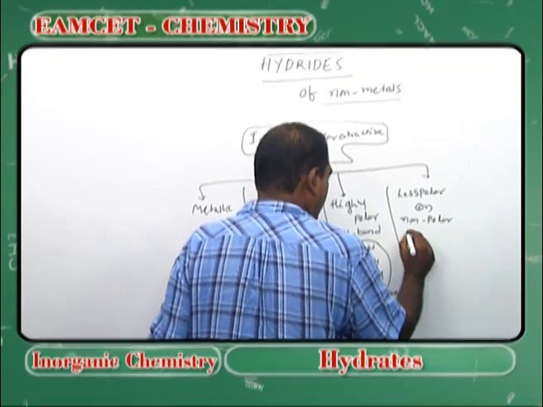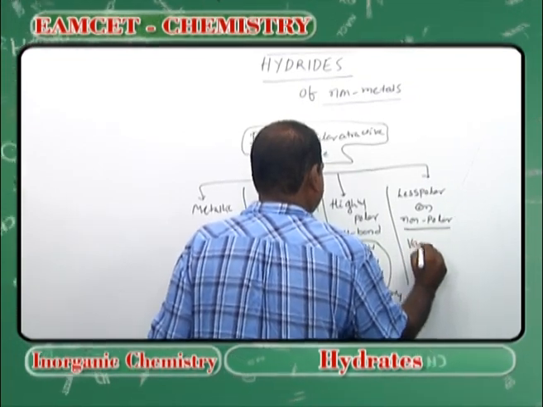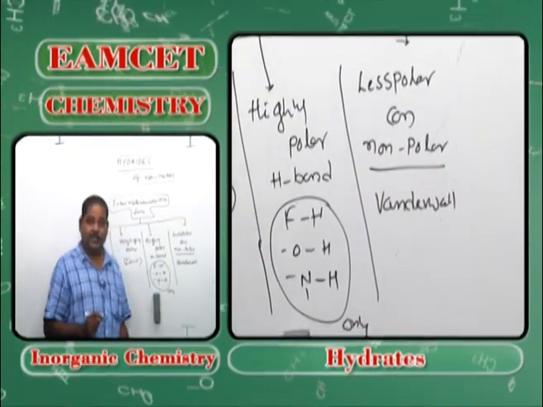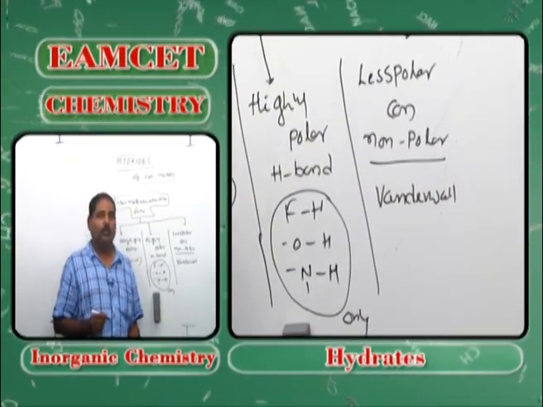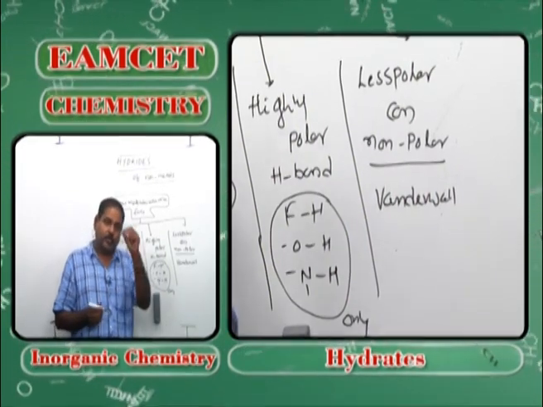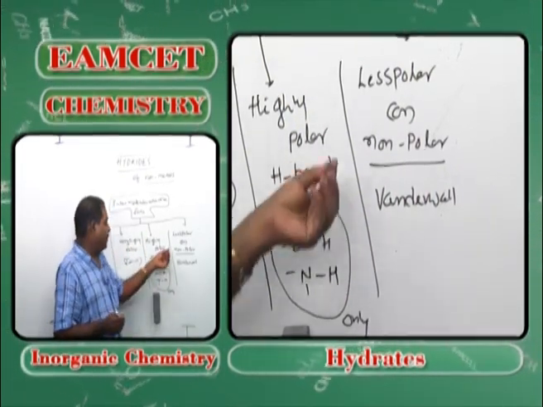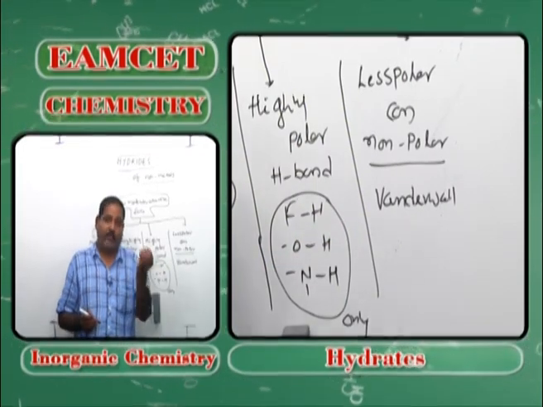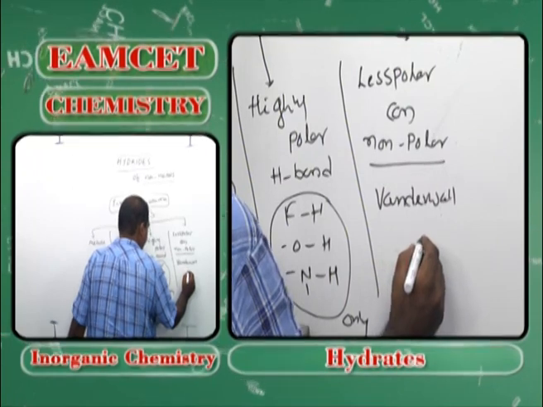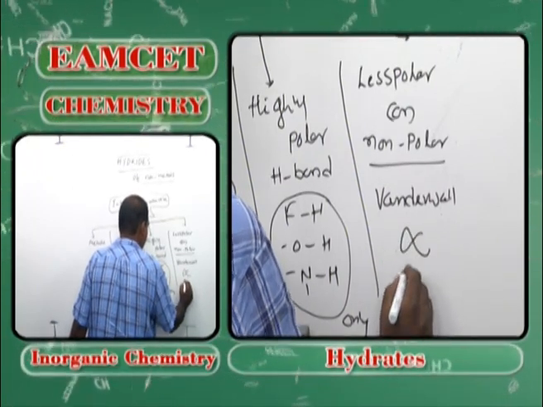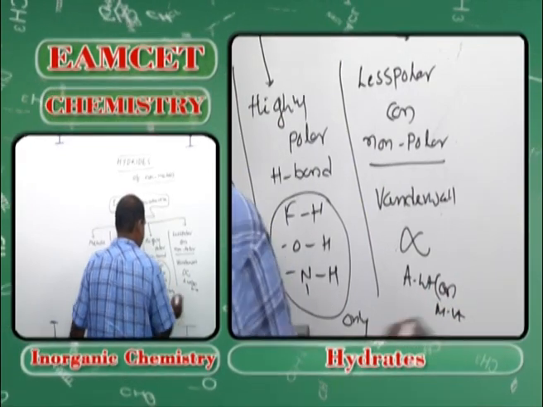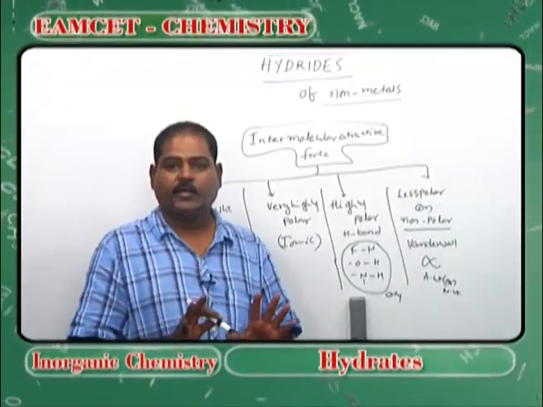And for less polar, non-polar, the force of attraction is called van der Waals force of attraction. It is similar to gravitation. Don't mistake me. I never said it is gravitation. It is similar to gravitation, meaning it depends on mass. So, the van der Waals force of attraction is directly proportional to atomic weight or molecular weight.